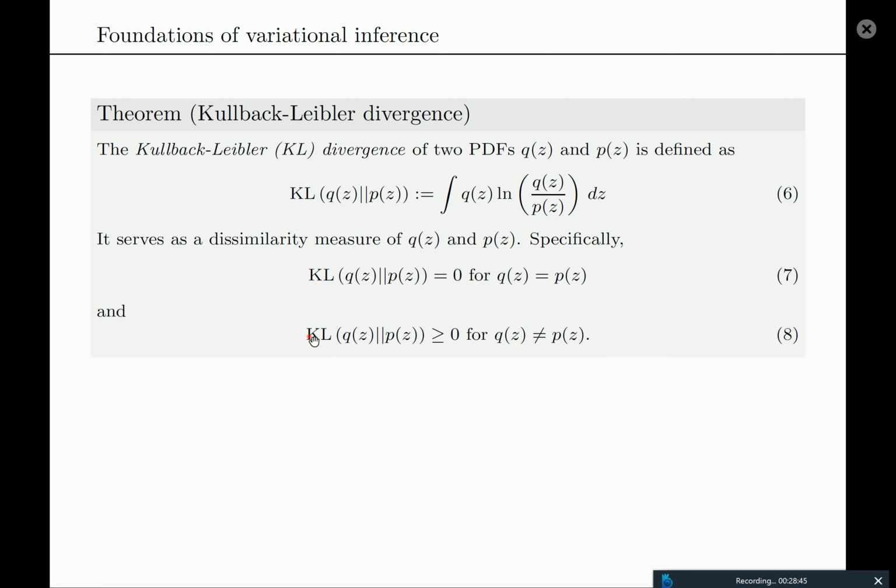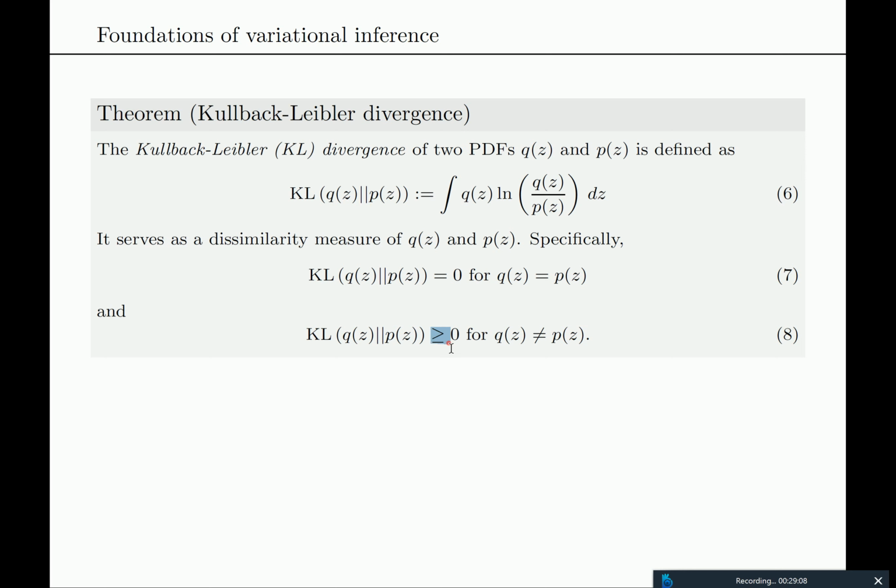And if they are not the same, if they are dissimilar, then the KL divergence is larger than 0. And this is a very important property: the KL divergence between two probability densities is always larger than or equal to 0.